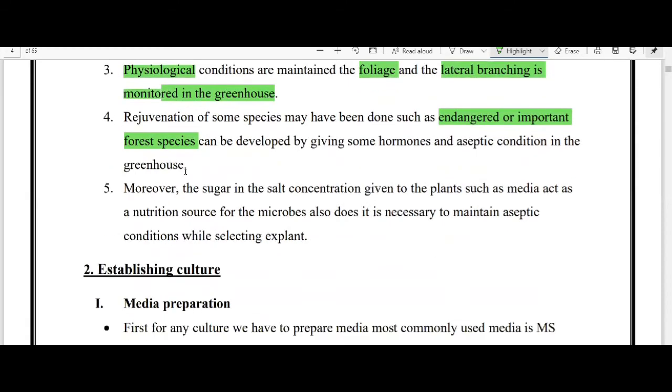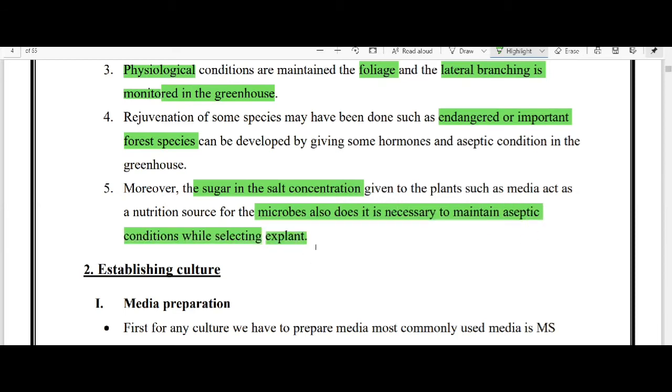Now the 5th point is that it is seen that the sugar content and the salt concentration given to such plants as a media act as a nutrition source for the microbes. So it is necessary to maintain aseptic conditions for selecting explants.